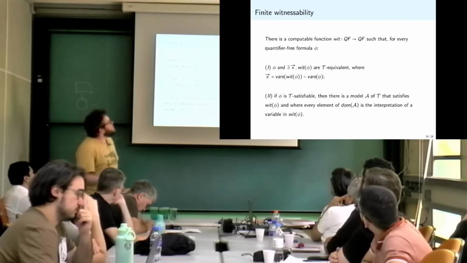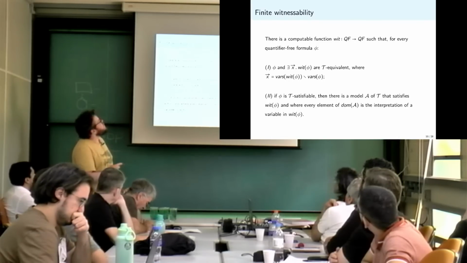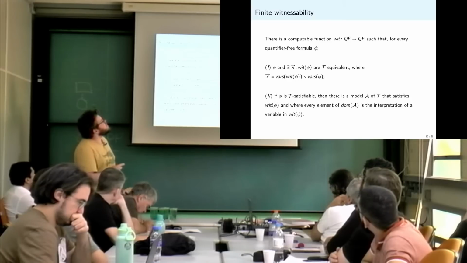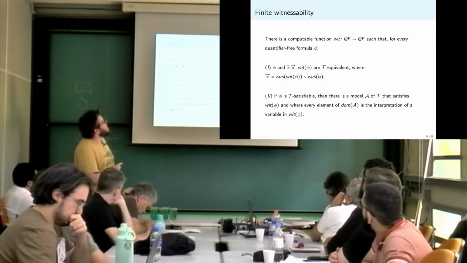So, finite witnessability is another property that says that you have a computable function from quantifier-free formulas into themselves, such that the formula and the existential closure of the witness are equivalent according to the theory. Okay?